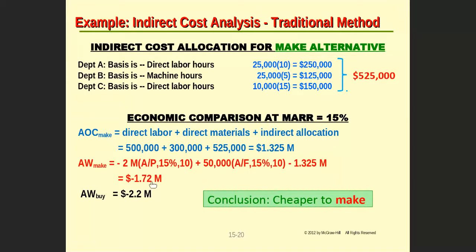Now you compare the making option with the buying option and see which one is more economical. And in this case, the making option is more economical based on the cost factor, using the allocation method.